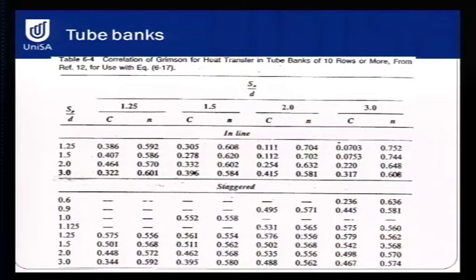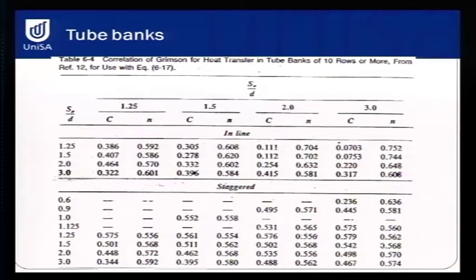So first of all, we have SP on D. So that's the spacing along or parallel to the flow between the center of the first row and the center of the second row. So SP is the distance between centers of pipes along the flow direction divided by the diameter.